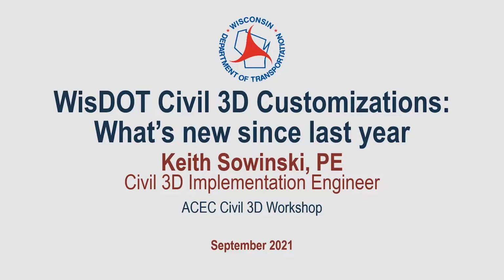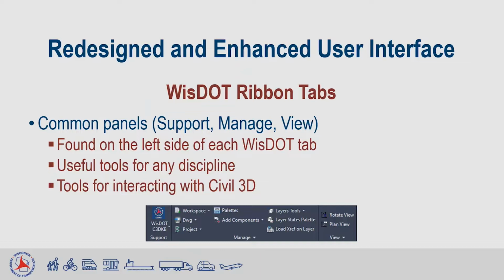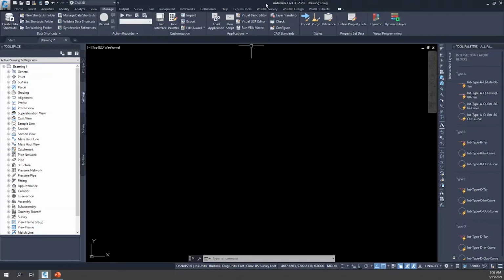So getting started, first I want to talk about our redesigned and enhanced user interface, starting off with our WisDOT ribbon tabs in Civil 3D. Just to give you a quick look at Civil 3D itself with the customization installed, you'll notice we have 3 ribbon tabs visible here.